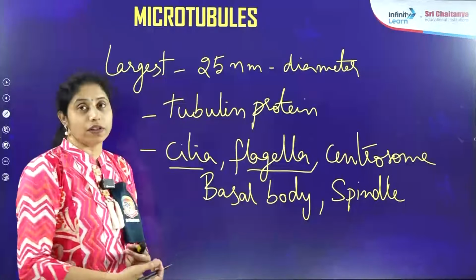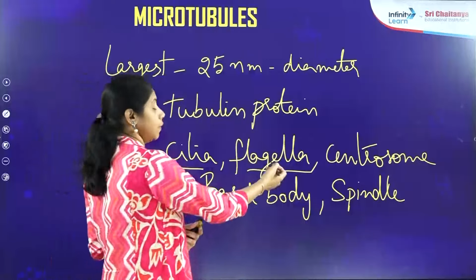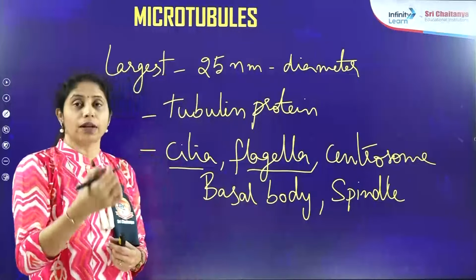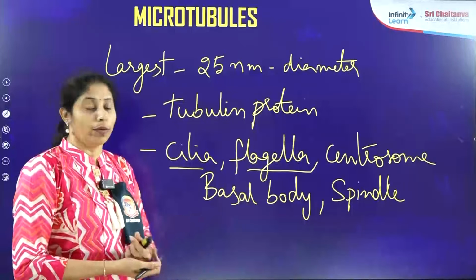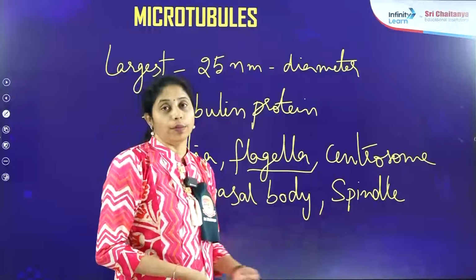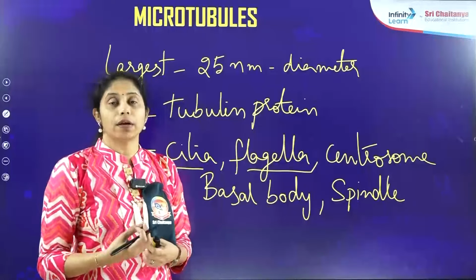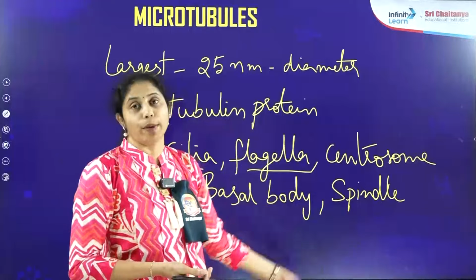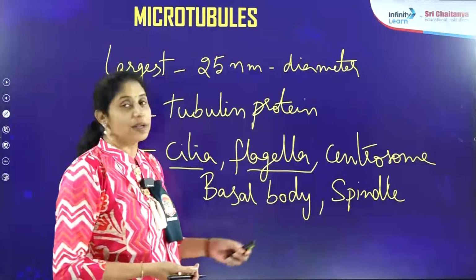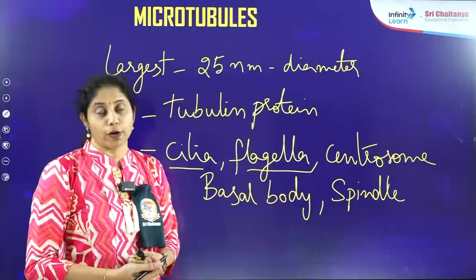Then the basal body, which is the basal part of the flagellum or cilium from where it arises, is also made up of microtubules. The spindle, which helps in chromosomal movement at the time of cell division, is also made up of microtubules. So these are all the basic structures formed by the microtubules.